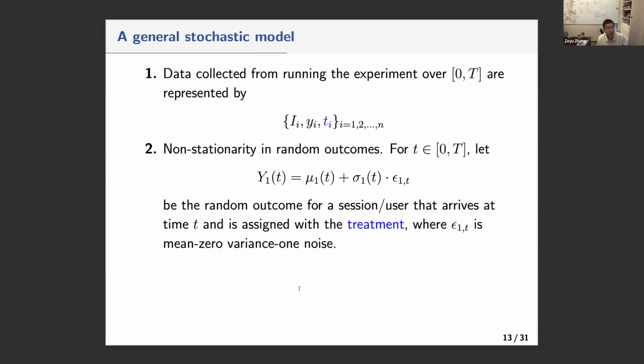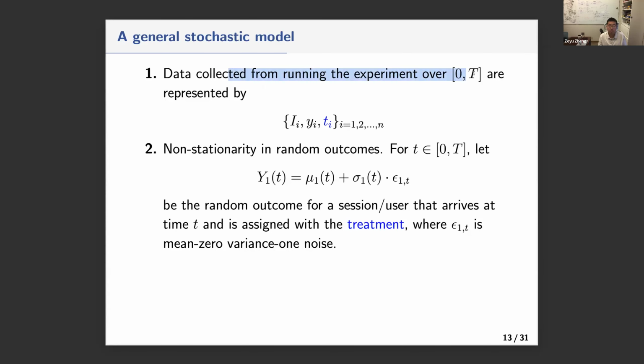So I'd like to proceed to the stochastic model in continuous time that we specify for our estimation task. As briefly mentioned, our job in this estimator and inference method starts once the data are collected.